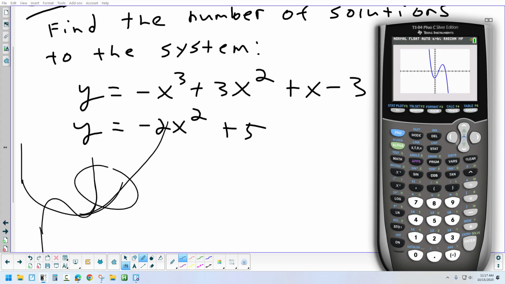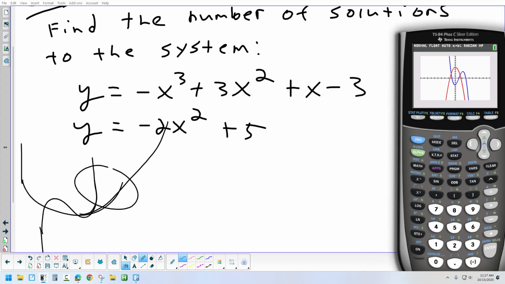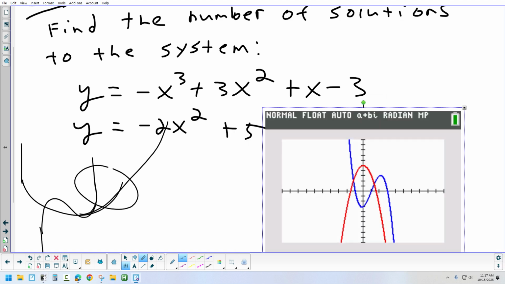There's my cubic. Here's my quadratic. It's going to be concave down or flipped over because we got this negative in front of the 2, which causes it to open down. So how many solutions do we have in this case? Yeah, we do have 3. When you look at this, you've got to realize that a cubic is always going to beat the quadratic. Cubic is going to have a steeper slope, bigger negative number than the quadratic.